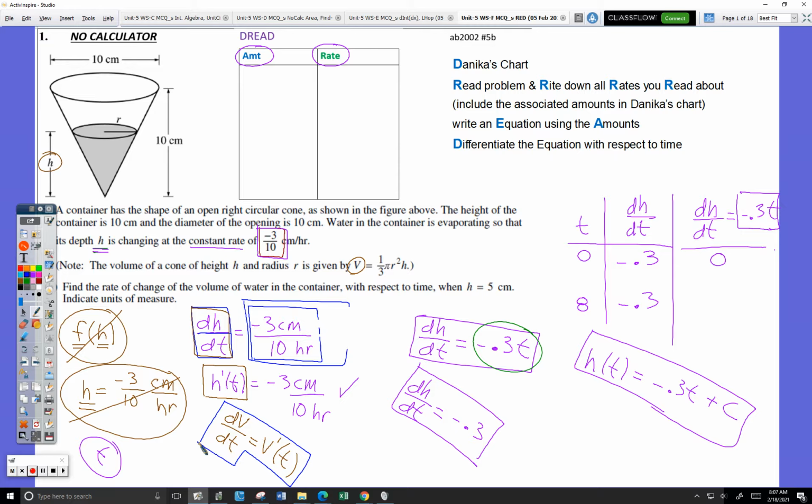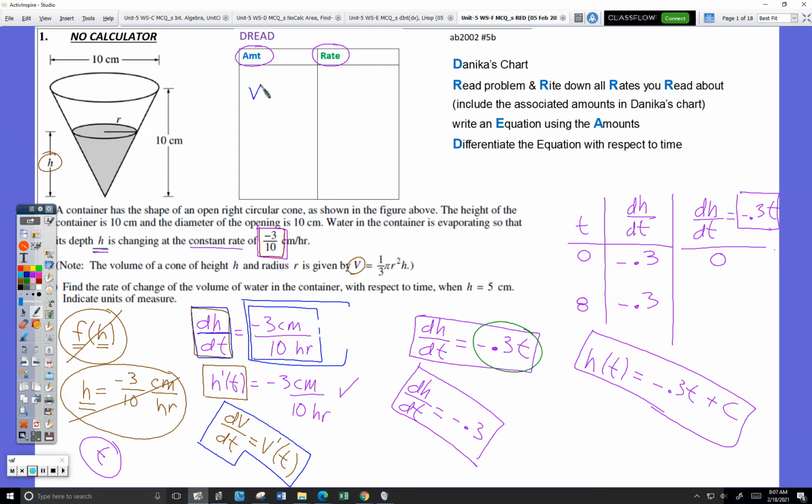It goes back to, again, getting really good at distinguishing the difference between an amount and a rate. So V is the amount. V is the volume of water at any moment. Because the water level is dropping, the volume is changing. It's never the same.